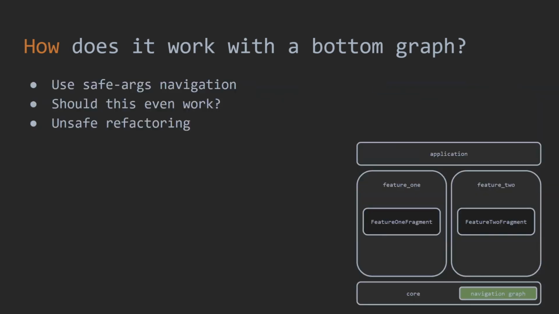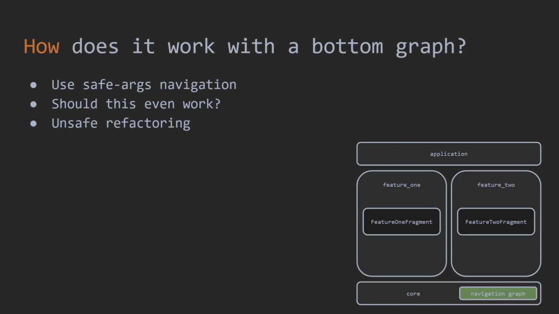So, pluses and minuses for this solution? Well, it's great that we're able to fully use safeargs navigation, and it's very close to what you'd do in a single module application, which makes it quite easy to get started with. On the other hand, I am sort of left wondering whether or not this should actually be possible.